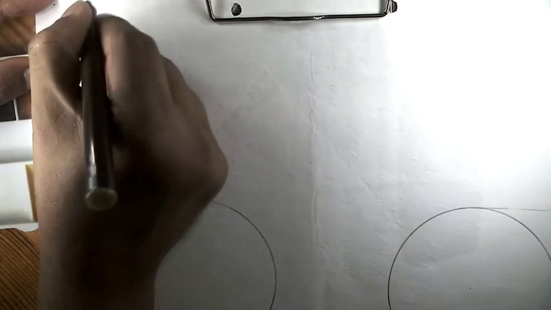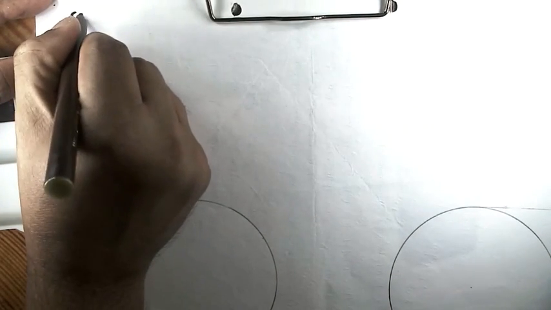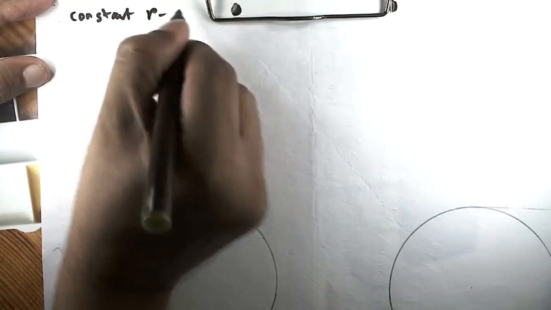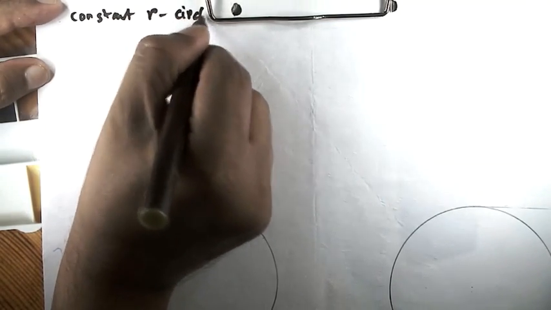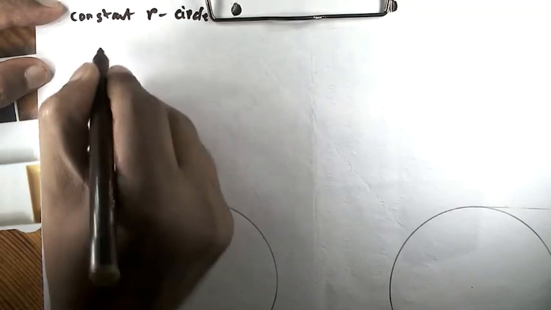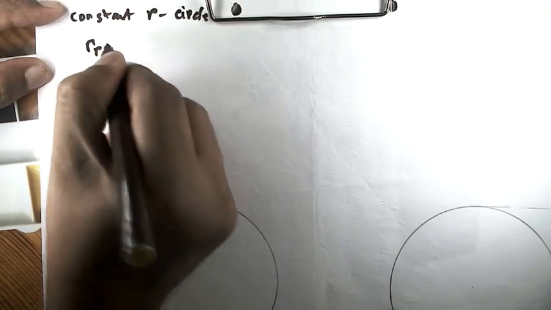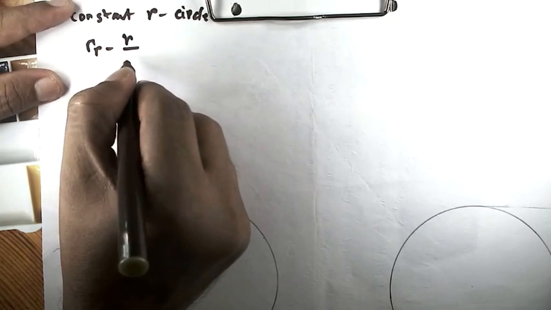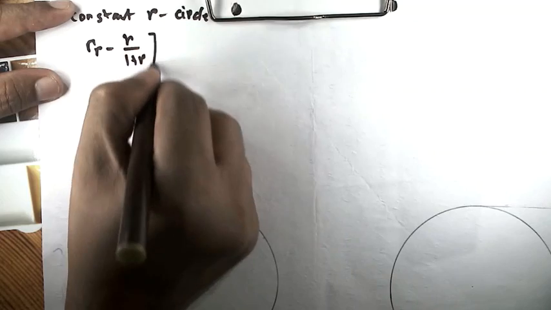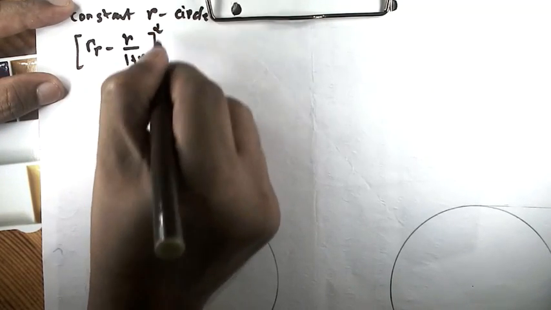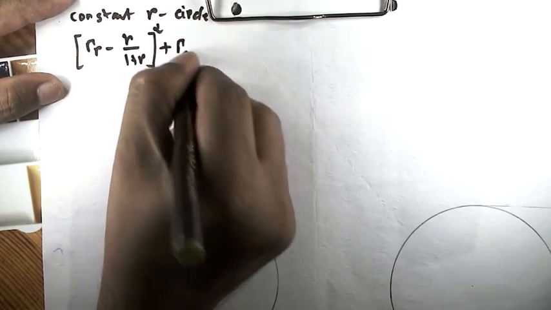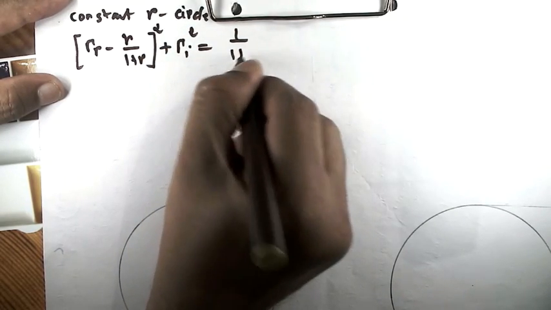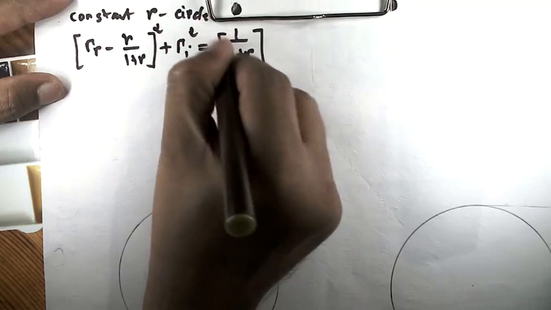For a constant r circle, we have (sigma r minus r over 1 plus r) whole square plus sigma I square, that is equal to 1 over (1 plus r) whole square.